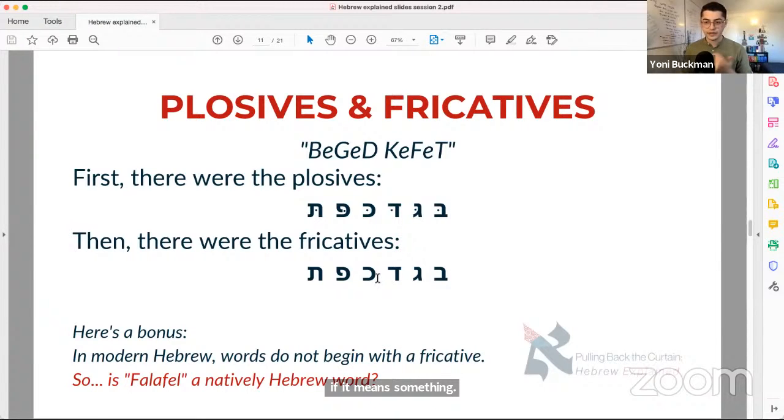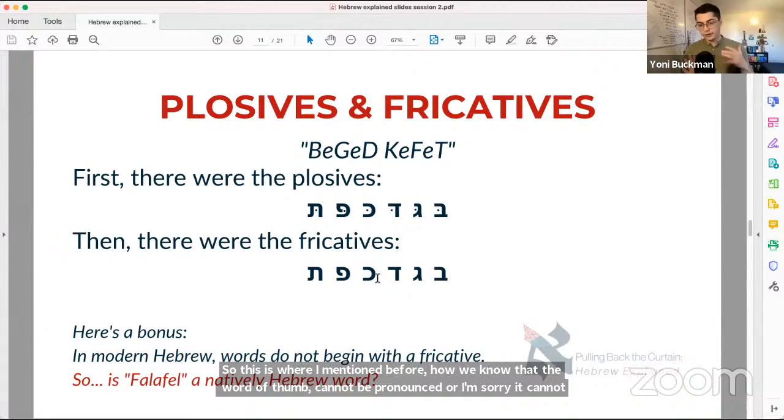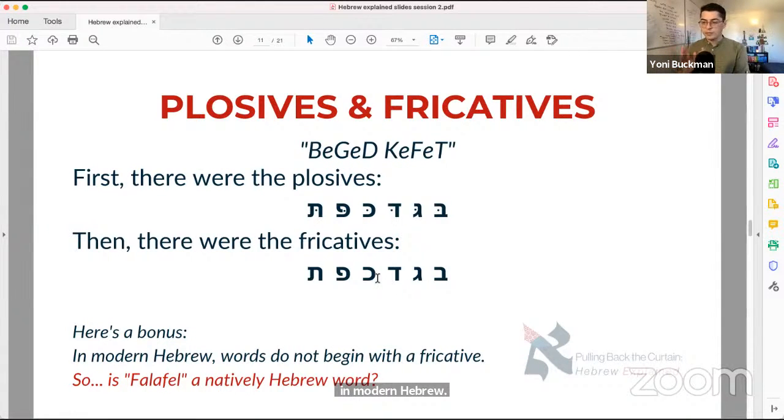Without the dagesh in it, without the dot in it, because in modern Hebrew, a word can only begin with that hard sound. So I'm going to show you some examples of that, but it's just something to note that even in biblical Hebrew, first of all, there were originally only these hard sounds, but as they appeared in different parts of words, those sounds became difficult to make, and so they opened up.